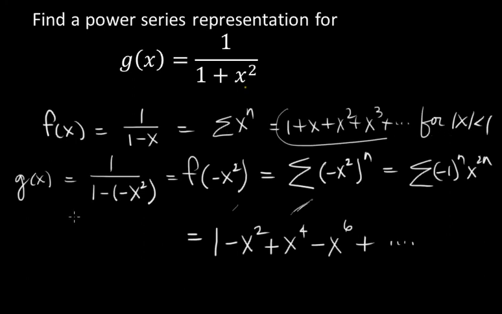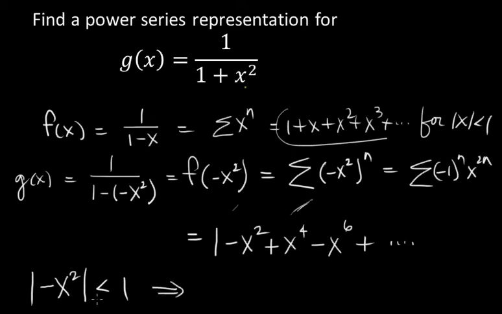Oh, and we need to establish the interval of convergence. Well, this will be true when what we plugged into f, the absolute value of minus x squared, is less than 1, because the interval of convergence for f is the absolute value of x less than 1.